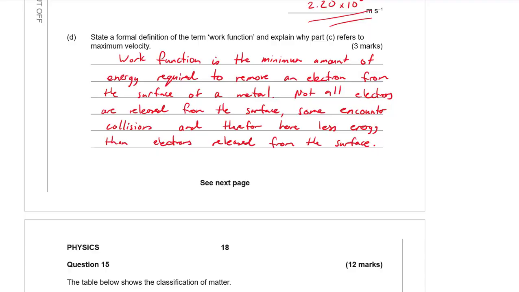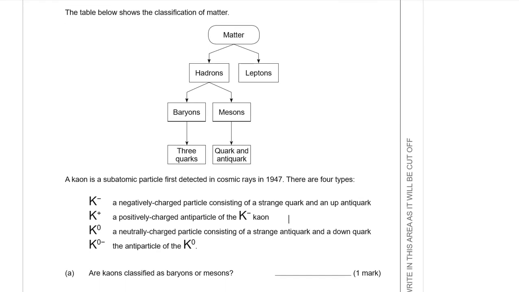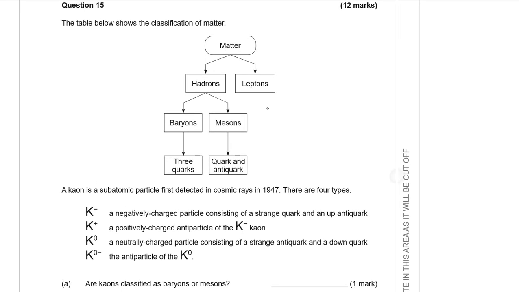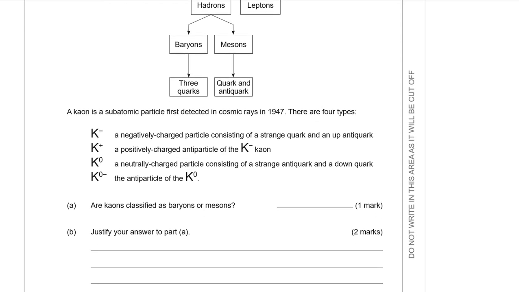Oh, just enough space. Okay, so question 15, you're looking at the classification of matter. In particular, we're looking at the kaon, and you've got a nice little table here which helps you identify what a kaon is. So the first question is, are they classified as baryons or mesons? And what you should have pulled out immediately is that all the different types of kaons contain quarks and antiquarks.